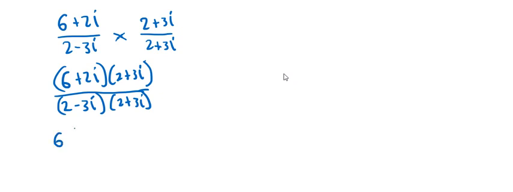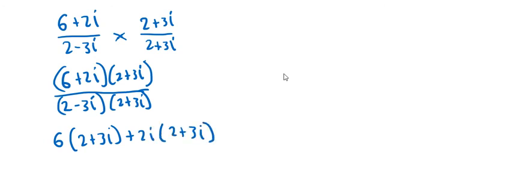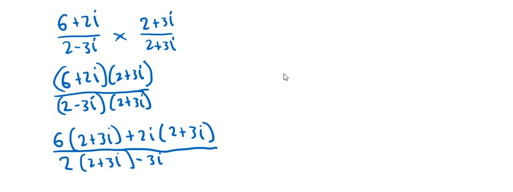On top, we're going to do 6 by (2 + 3i) plus 2i by (2 + 3i). On the bottom, we're going to do 2 multiplied by (2 + 3i) minus 3i multiplied by (2 + 3i).